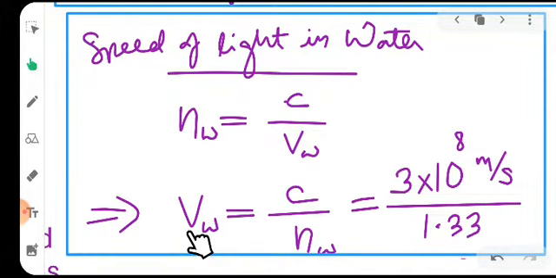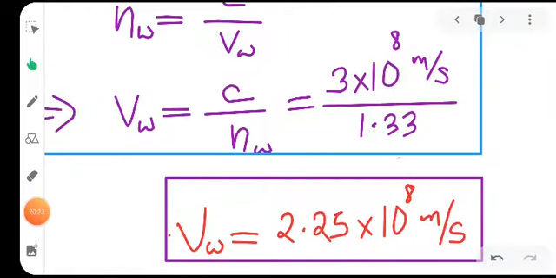Velocity of light in water, I'm sorry, I make a lot of mistakes while I speak because it's a live recording, so please forgive me. Speed of light in water is c over the refractive index of the water itself, and that is 3 into 10 raised to 8 meter per second divided by 1.33, and the value of velocity of light in water is found to be 2.25 into 10 raised to 8 meter per second.